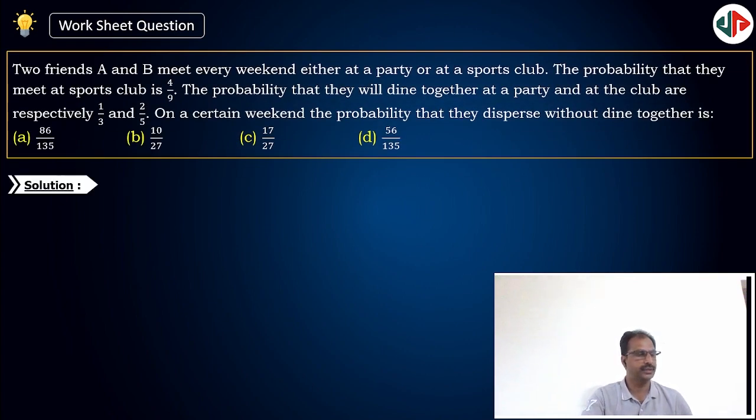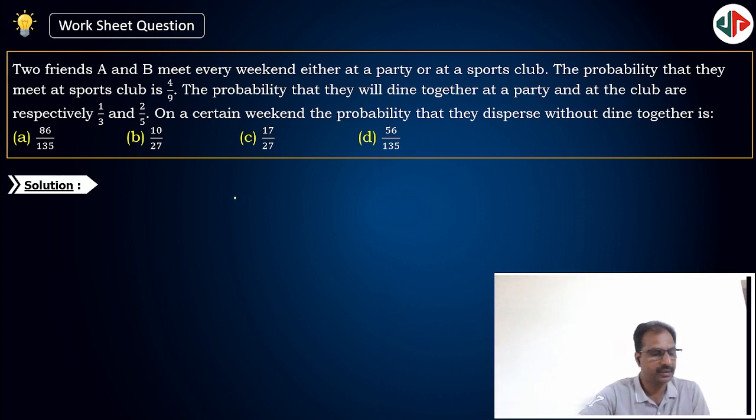Next, two friends A and B meet every weekend, either at a party or at a sports club. The probability that they meet at a sports club is 4 by 9.